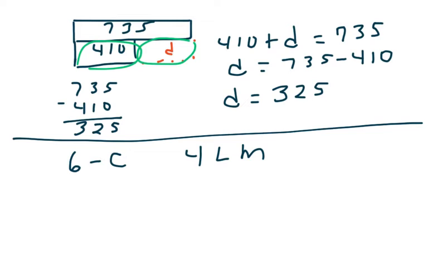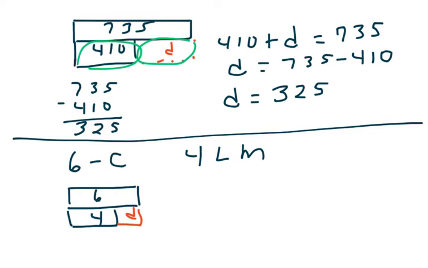Well, how many more Cokes were there? That would be the problem. So we would have 6 Cokes and 4 lemon limes. So again, we're looking for what's the difference? How many more could we get?